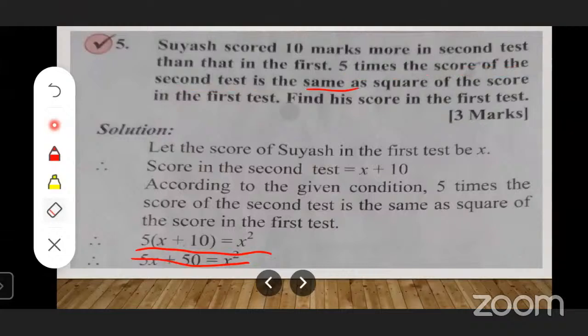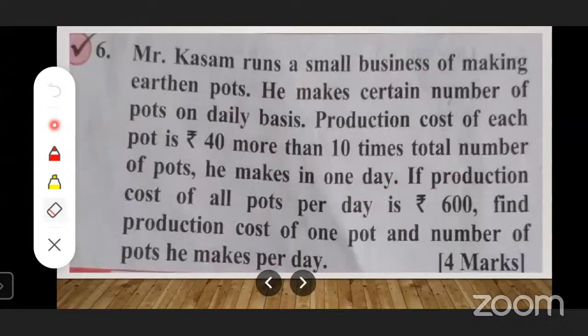Okay, so let us move to the next slide. Now we are reading sum number 6. Mr. Kasam runs a small business of making earthen pots. He makes a certain number of pots on a daily basis.